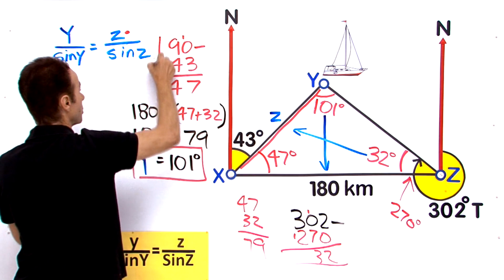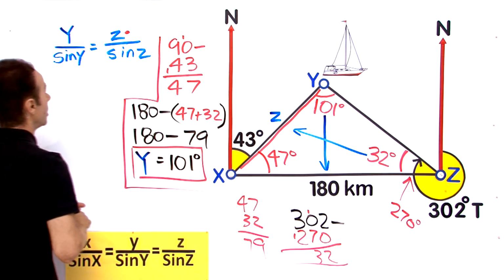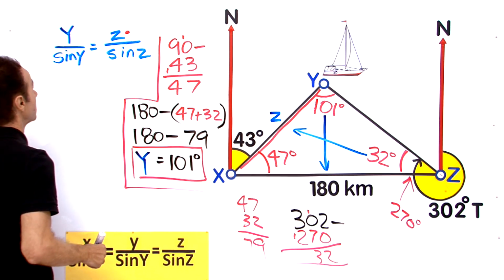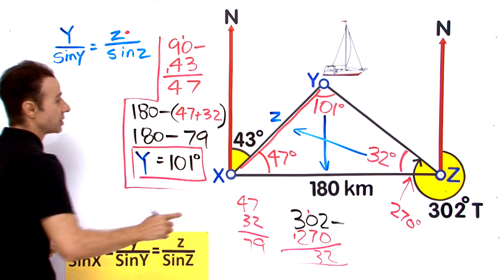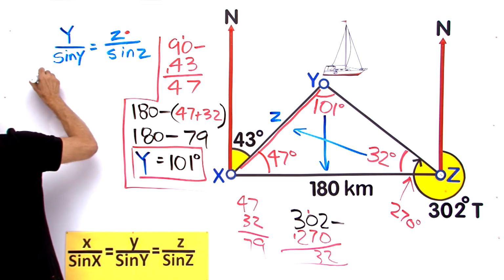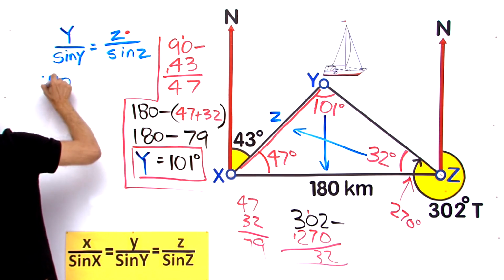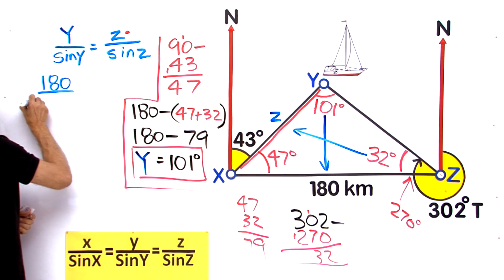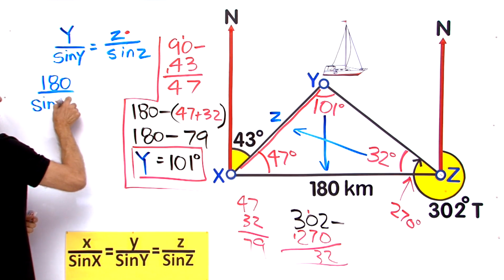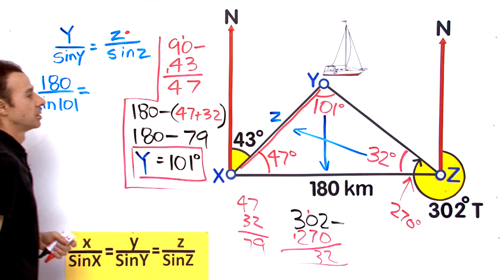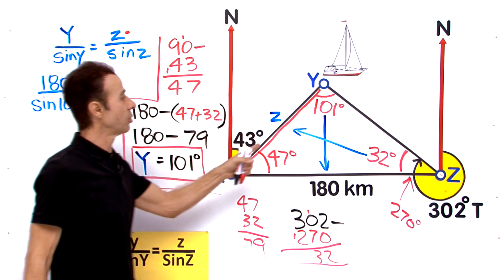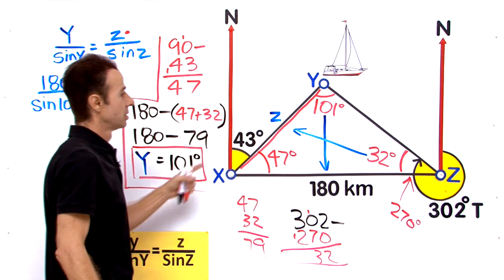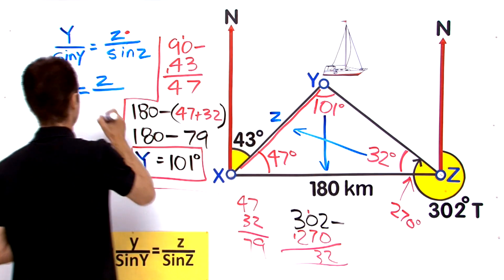Okay, let's work this out. We have y. Do we know what the length y is? Yes, it's 180. So that's 180 over sine y, which is sine 101 degrees, equals z, which we don't know. That's the unknown, all over sine 32.